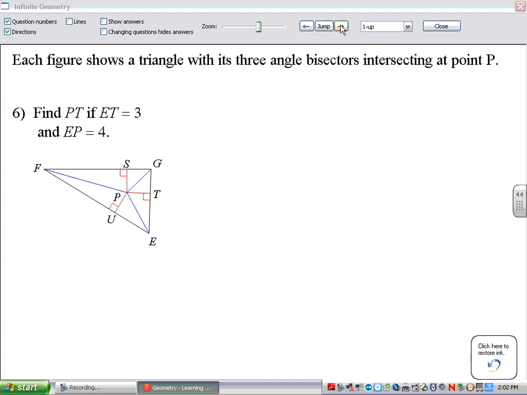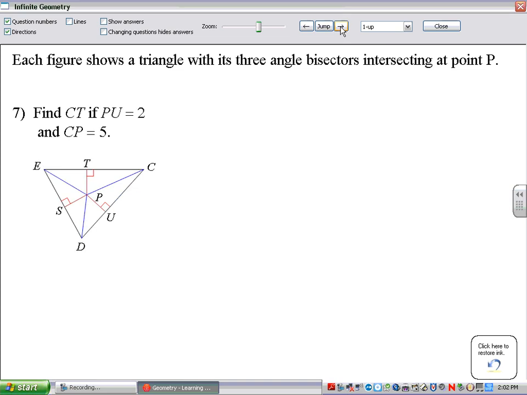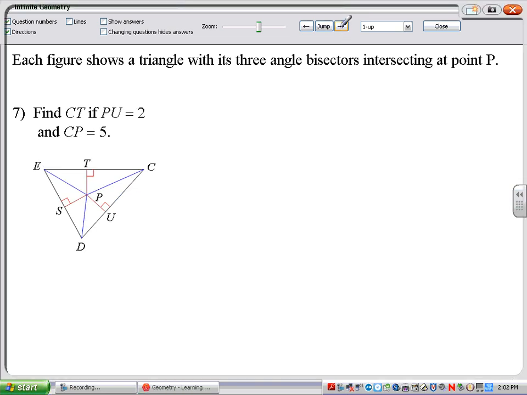Number 7. This one. Find CT, so from C to T, that side, I'm going to call that X. If PU, P to U, is 2, and CP, this distance, is 5.